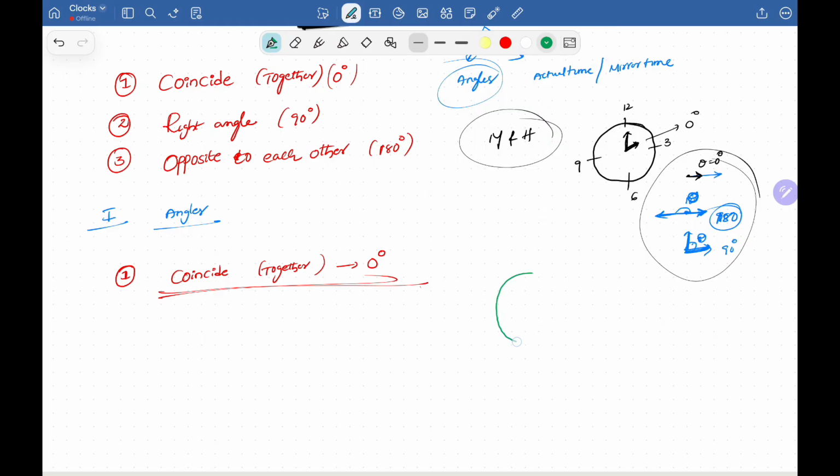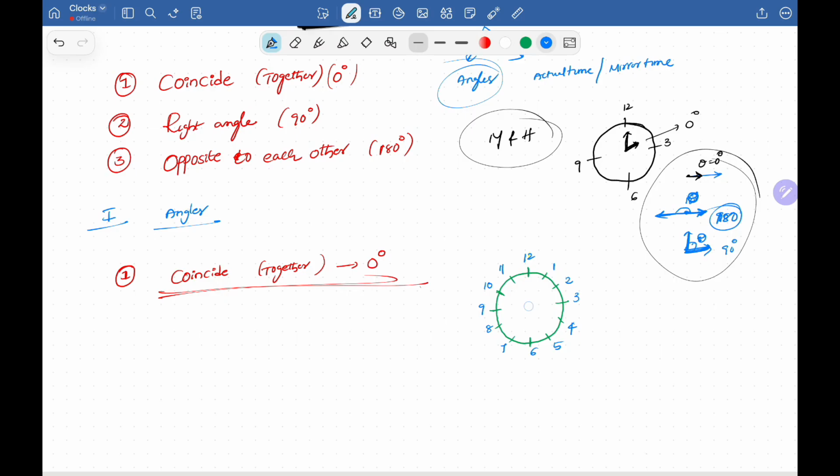Here it is a clock: 12, 1, 2, 3, 4, 5, 6, 7, 8, 9, 10, 11.